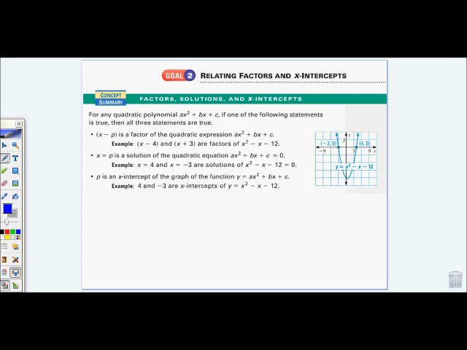Let's do the different examples here. We're looking at x minus 4 and x plus 3. Those are the factors of this equation right here, and we'll talk about how to factor them next.